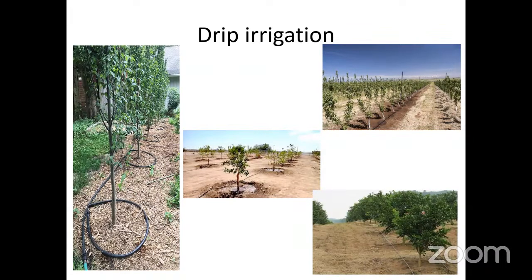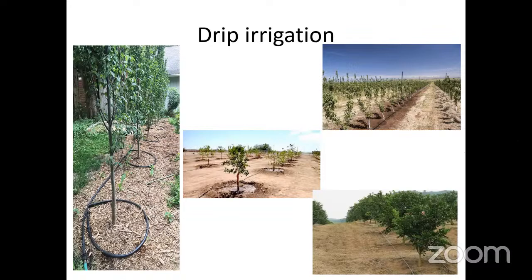There is a double drip irrigation system shown in the photo on the bottom right. You can see the distance is almost 50 centimeters, and the lines are located almost at the end, 20-25 centimeters from the end of the tree canopy. This is where the effective root zone is located.